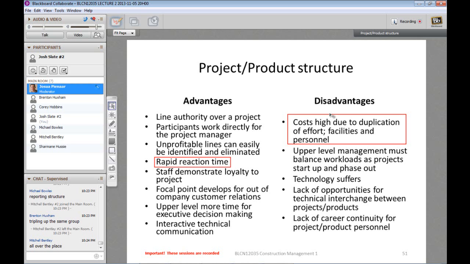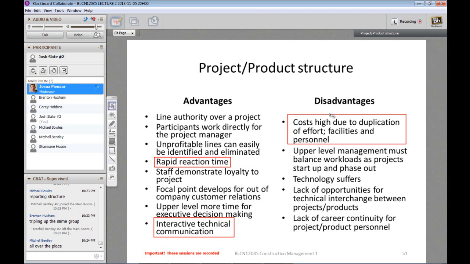We don't have to wait for resources to clear other projects out of the way before they can allocate time to our projects. And then, of course, also the communication is very interactive between the different levels. All right, so because it's in-house, it's basically a silo approach. It becomes a lot easier for us to work with that.